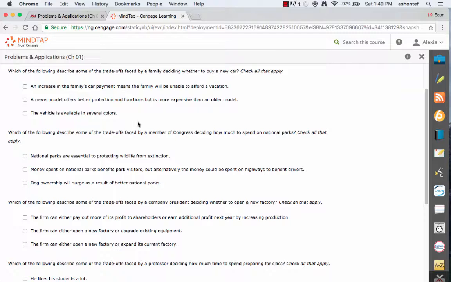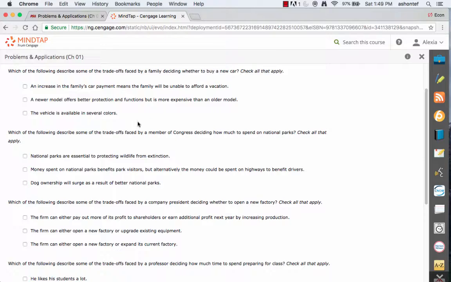So would that be considered a trade-off? Is that something the family has to give up by buying this new car? And it's telling you right there, they can't afford the vacation. So that's a trade-off.